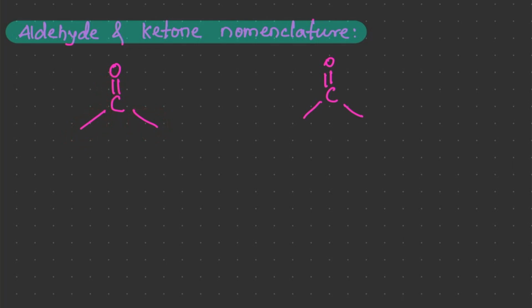And aldehyde is when on one side you've got your hydrogen, so that's going to be your aldehyde. And if on both sides you've got a carbon chain, then that would be your ketone. So this is your ketone and this is your aldehyde.